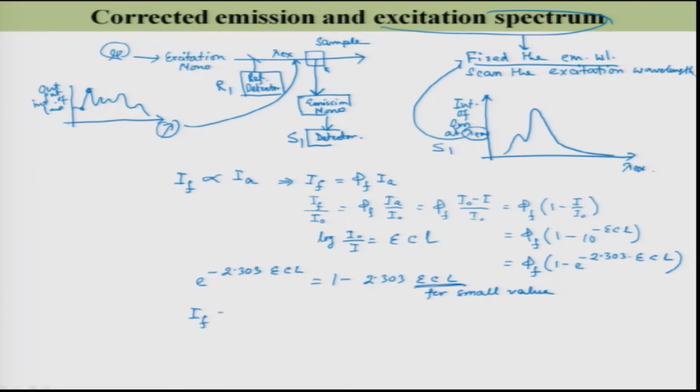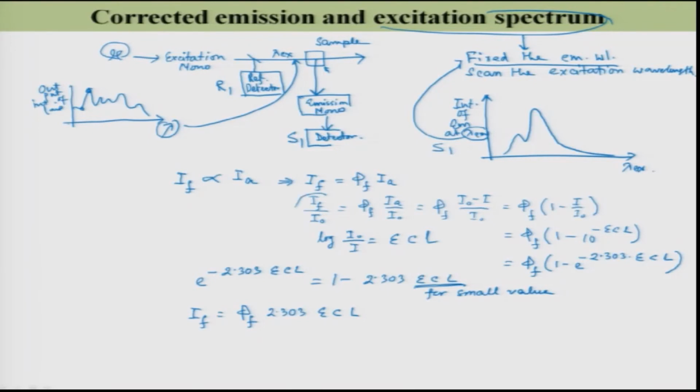Then I can write it this way: I f equal to phi f into 1 minus 1 plus, so this is nothing but 2.303 epsilon C L, and I must have I 0. Where is my I 0?